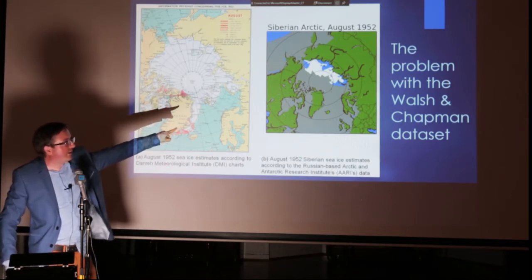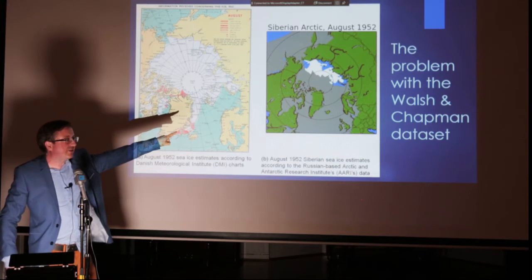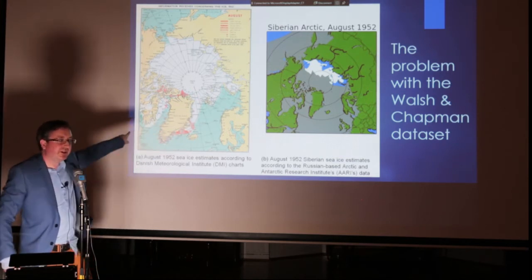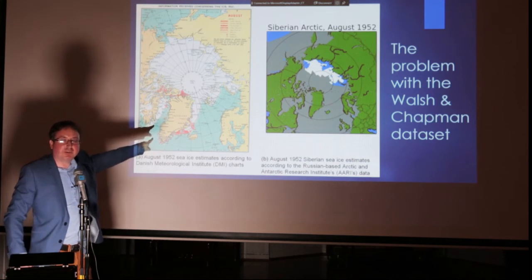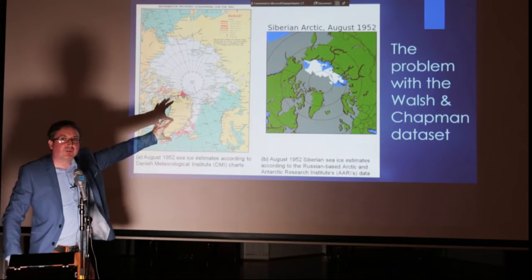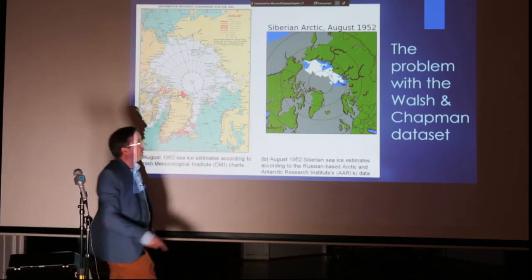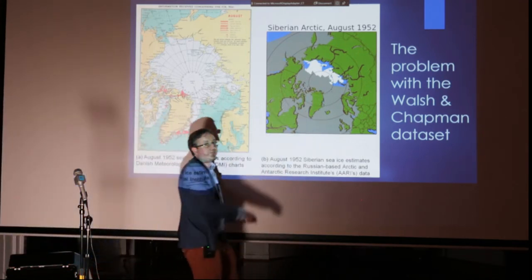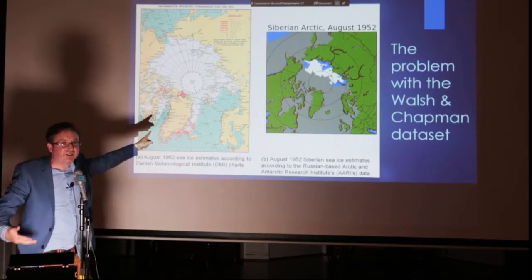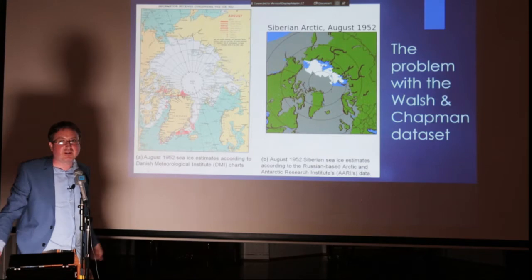The map on the right-hand side is showing what the Russians were observing for the same month as the Danish map. They're roughly orientated the right way, but all of these blue patches, where it's supposed to be ice, it just said there could be ice there.